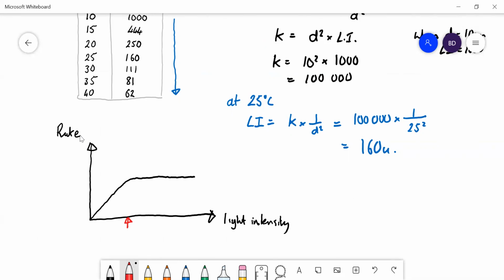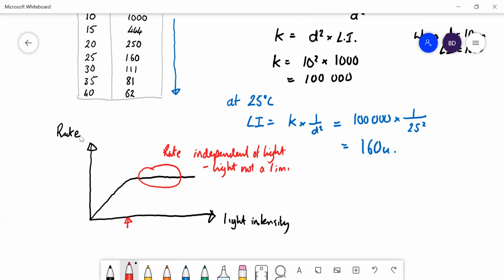We'll cover it in another video, but we say here that the rate is independent of the light. Another thing we say is light is not a limiting factor.